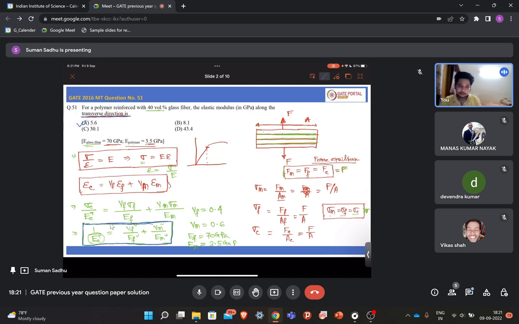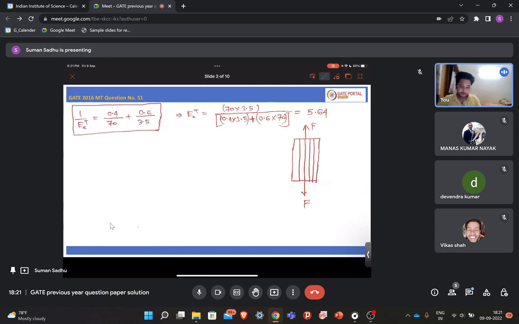Similarly, in case of longitudinal direction, the formula is: elastic modulus of the composite in the longitudinal direction is equal to the volume fraction of the fiber into elastic modulus of the fiber plus volume fraction of the matrix into elastic modulus of the matrix. So this will simply follow the mixture kind of rule.